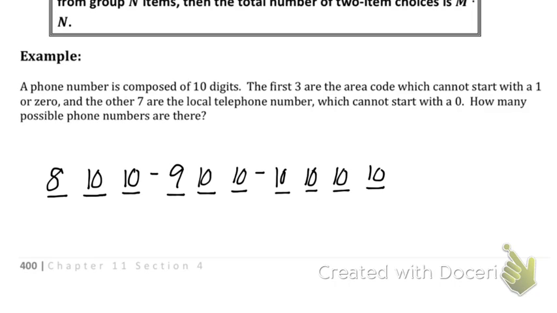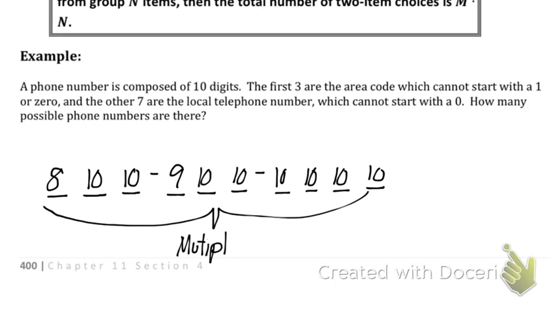And once we multiply them all together, we're going to come up with 7,200,000,000 possible phone numbers.